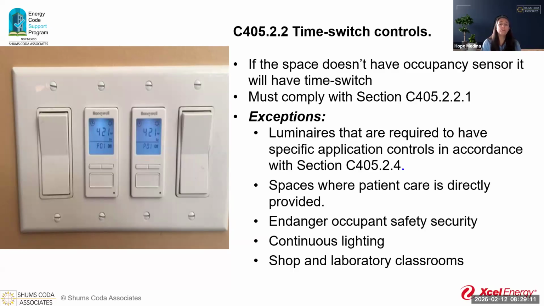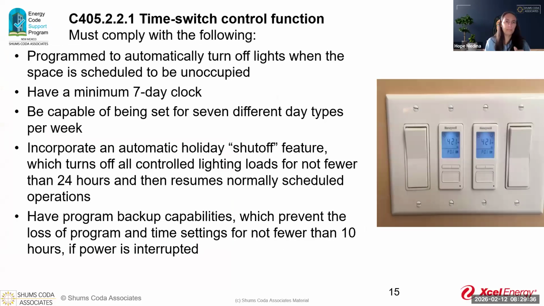The last one dealing with shop and laboratory classrooms, I think we probably want to ensure that as they're using the saw, the lights don't go off. I think that is understandable. You would think it would fall under the endanger the occupant's safety and security, but I appreciate the fact that they specifically call out shop and laboratories, right? We don't want them being messed with.